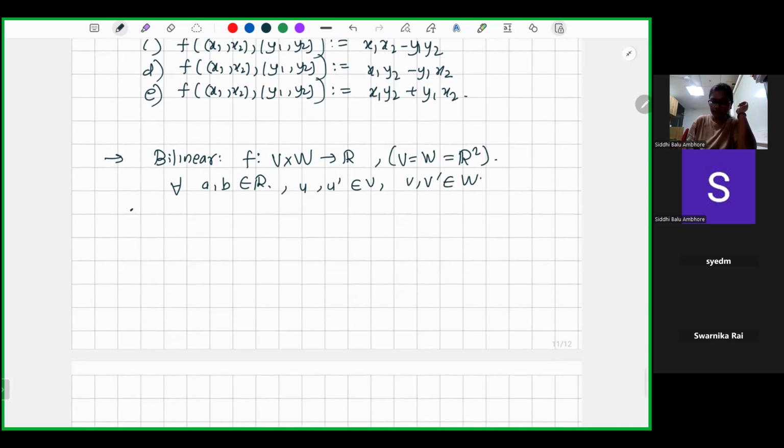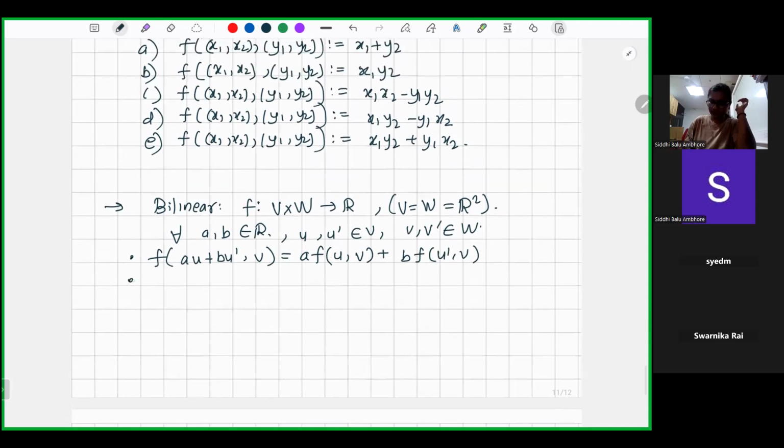So it must satisfy two properties: that f of (au plus bu dash, v) is a f of (u, v) plus b f of (u dash, v).